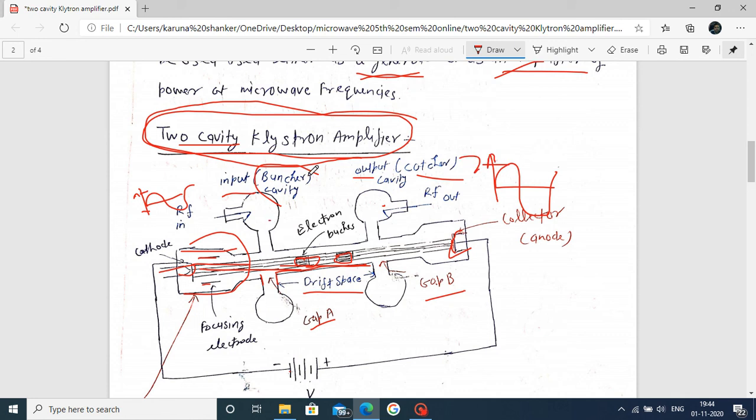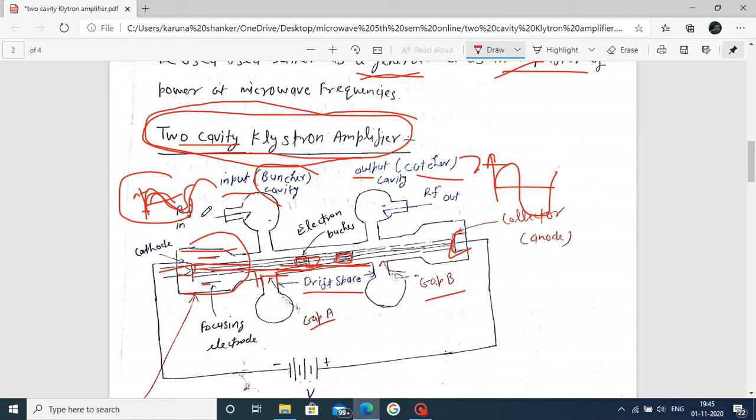This is the working of your two-cavity klystron. The RF input you apply is present in this input cavity, across this gap. Also, this sine function is the voltage present in the input cavity that we want to amplify.